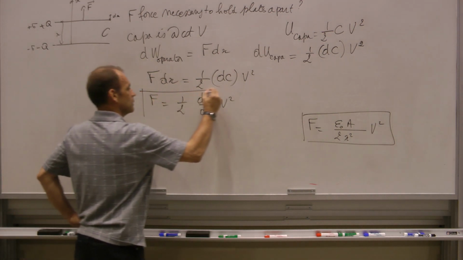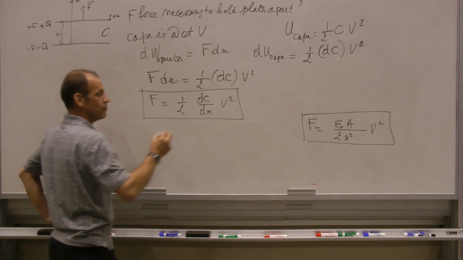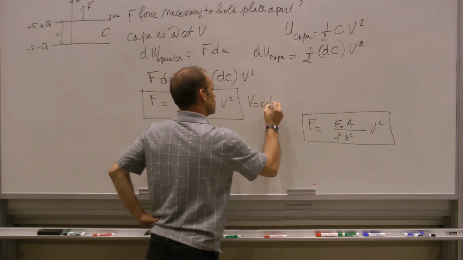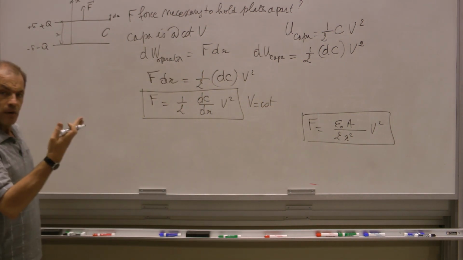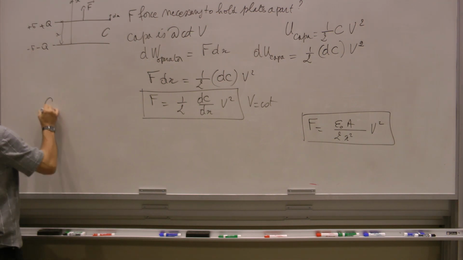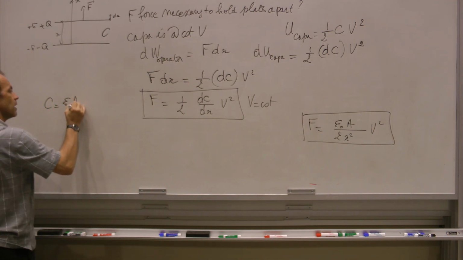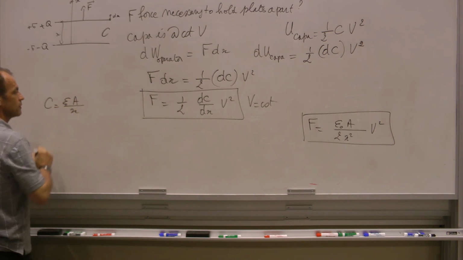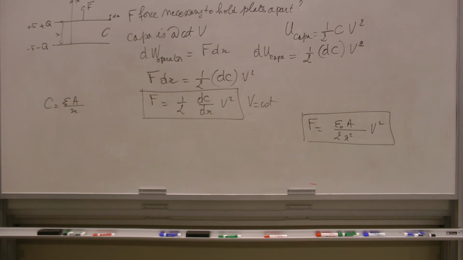Here's that formula for the case where V is held constant. Now if I apply this to the parallel capacitor, again the capacitance is epsilon 0 A over x. What do I get?